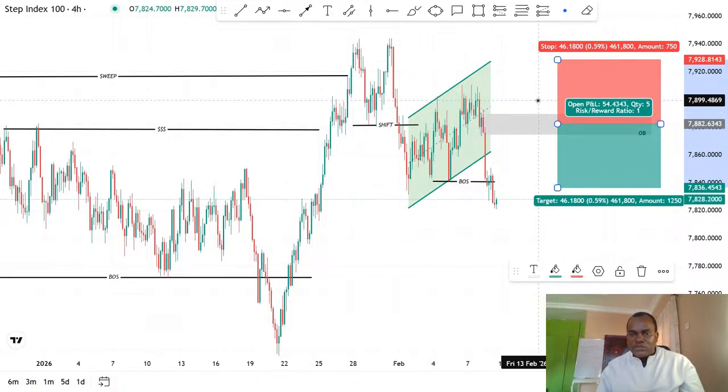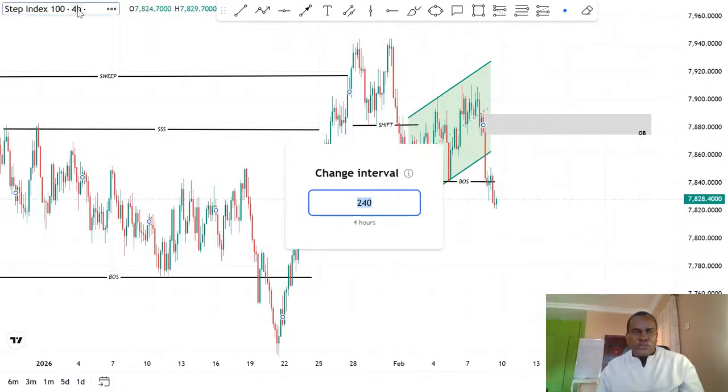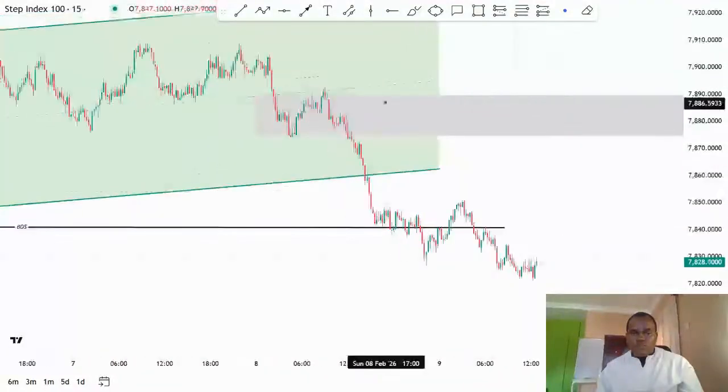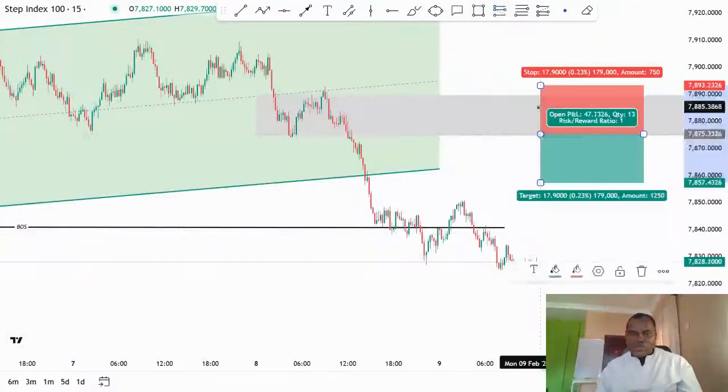Okay, let me just scale down to a lower time frame where I can use my long and short. 15-minute time frame. Okay, so we're gonna short if price comes back into this area, and then your stop loss should be, let me stay up here.